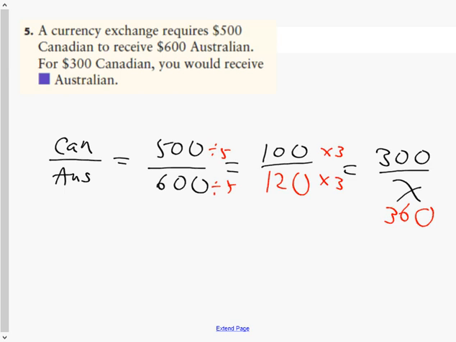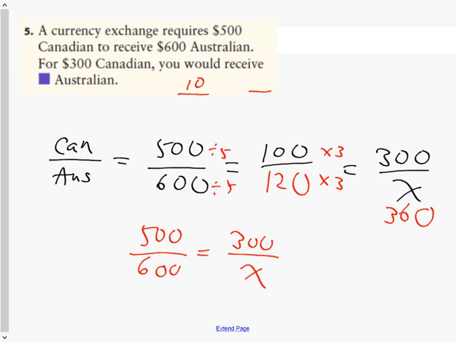Another way you could have done it is go 500 over 600 equals 300 over x. What did you divide 500 by to get 300? Right? So let's think of an easier question first. Let's put 10 and a smaller number of 2. What did I divide 10 by to get 2? 5.